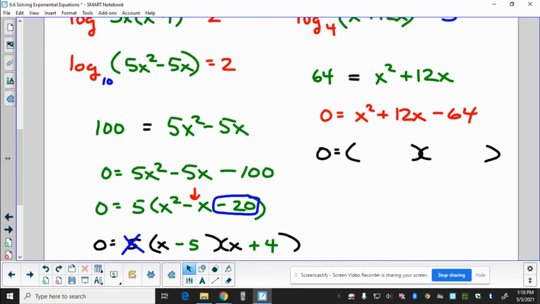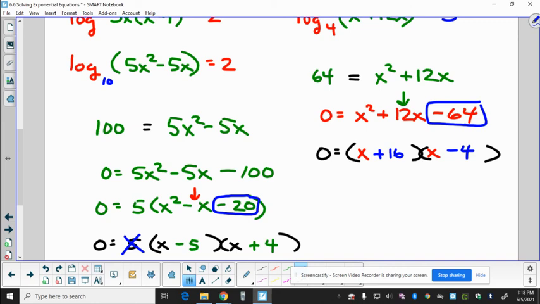All right, let's see if we can get it done. Get two numbers that multiply to give you negative 64, add up to give you 12. All right, so we got x and an x. Okay, what might those be? 16 times 4 would probably work, wouldn't it? 16 times 4 is 64.